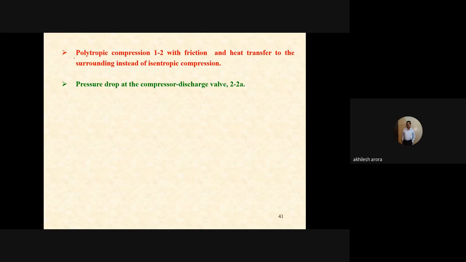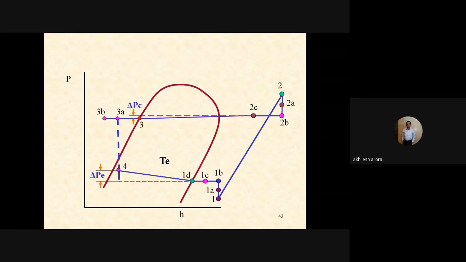Next is the polytropic compression 1 to 2 with friction and heat transfer to the surroundings, instead of the isentropic compression. Pressure drop at the compressor discharge valve is from 2 to 2A.